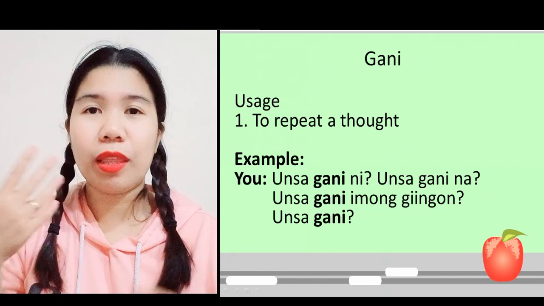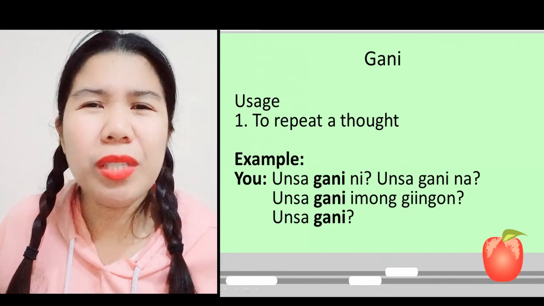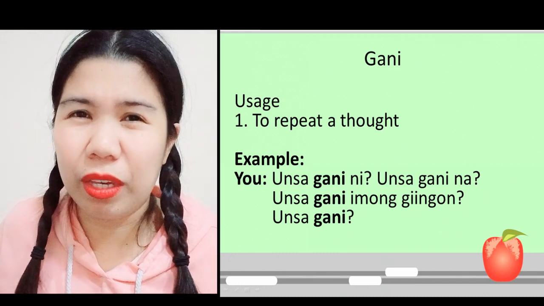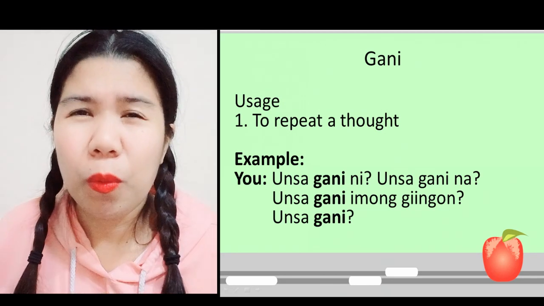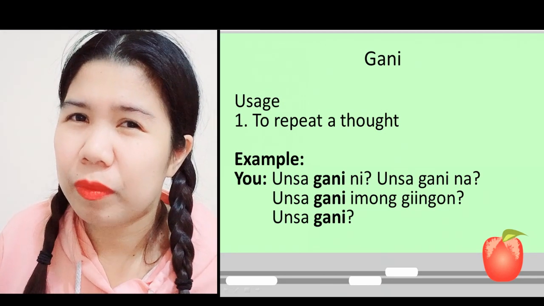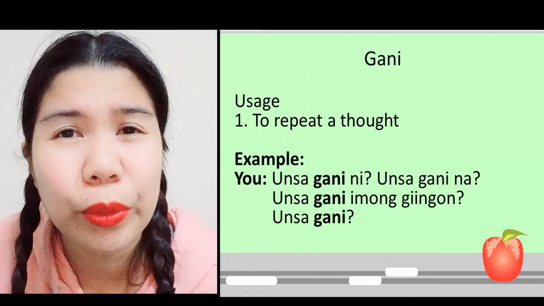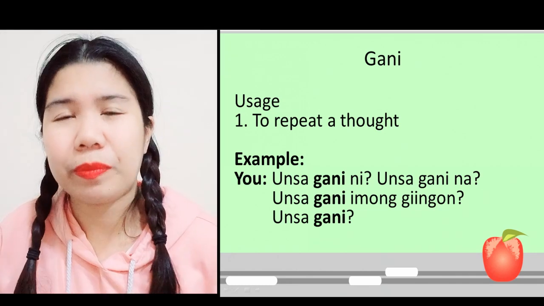Or if you want them to repeat what they have said, you could say, unsa gani imong giingon? So, what did you say again? So, please repeat, just like that, okay? Unsa gani imong giingon? What did you say a while ago? Can you say it again?